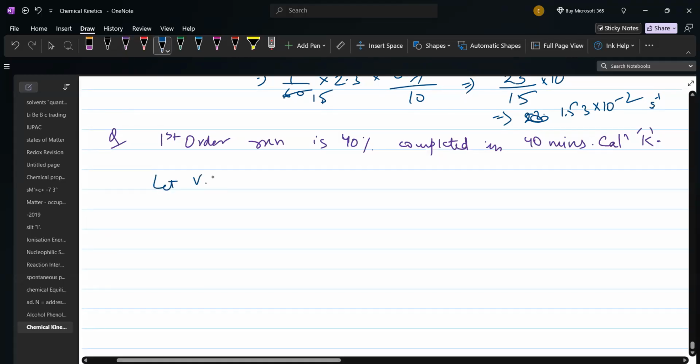Let the value of A naught, you can take it as X, or take it as 100, whatever you wish. So this value A is the remaining concentration, right? So this will become 0.6x, right? Everyone? Or you can say it has become 60.